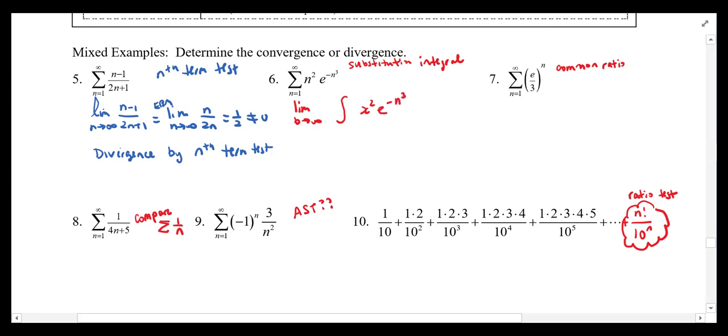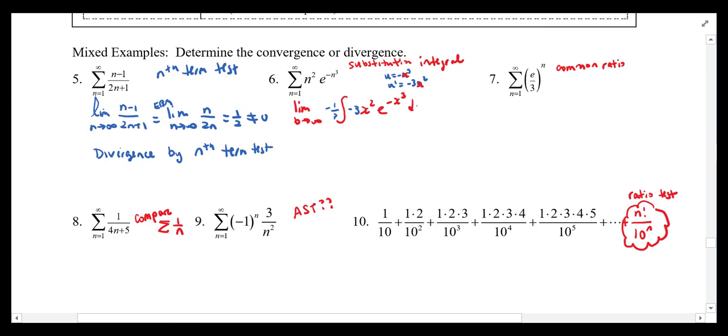Remember, reverse substitution means if u equals negative x cubed, then I need a u prime, which is negative 3x squared. I've got x squared, but I don't have that negative 3, so I'll put that here. But wait, I have to balance it out, so I better put a negative 1/3 in front, right?